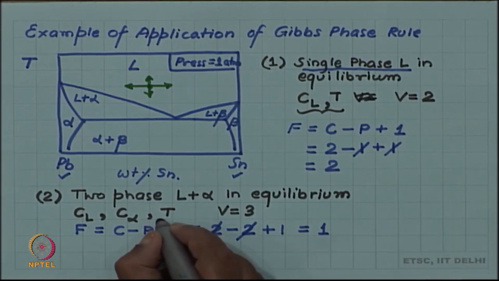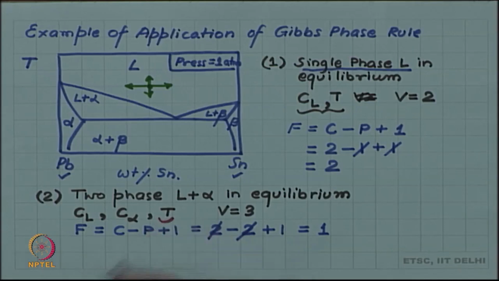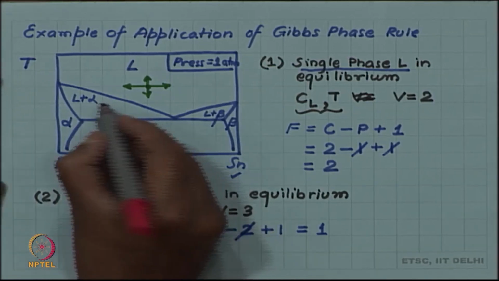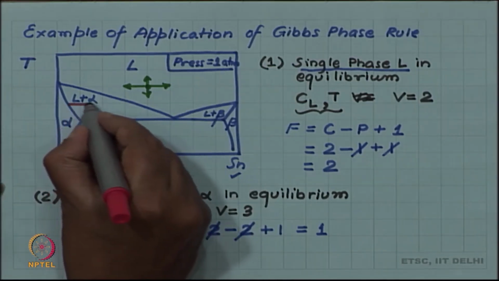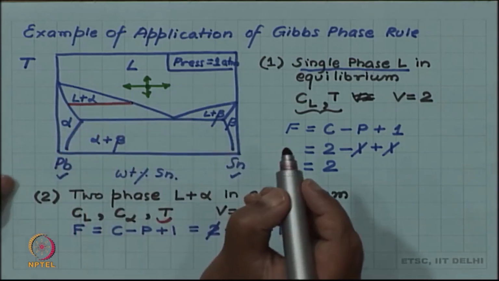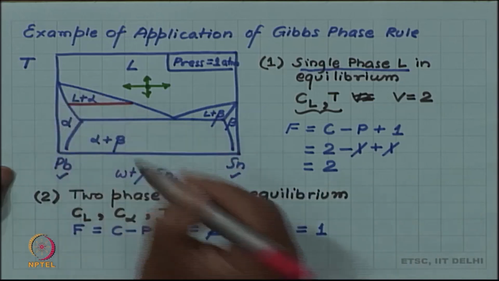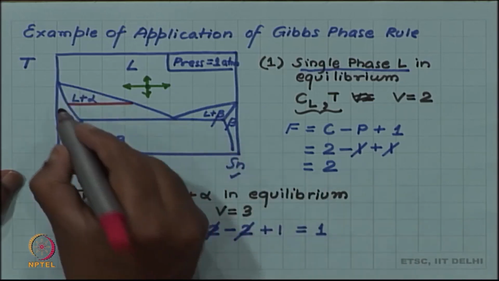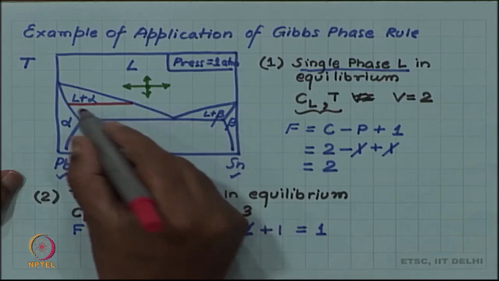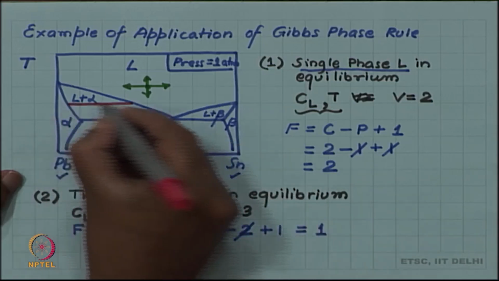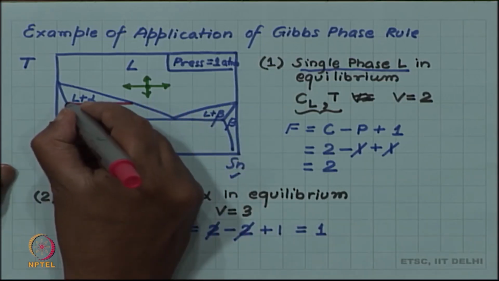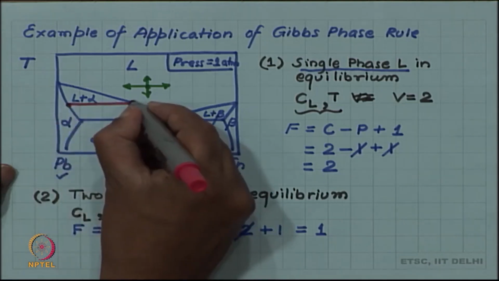Suppose we choose to specify T. Now, if I specify a T, and I want to be in the liquid plus alpha region, so I have to be in the two phase field. For a given temperature, the liquid and alpha in equilibrium are given by the tie line.